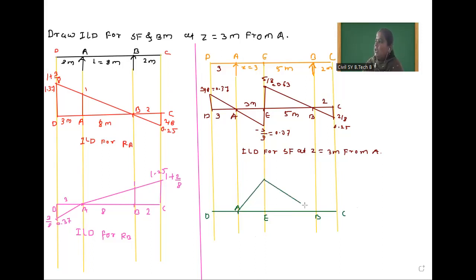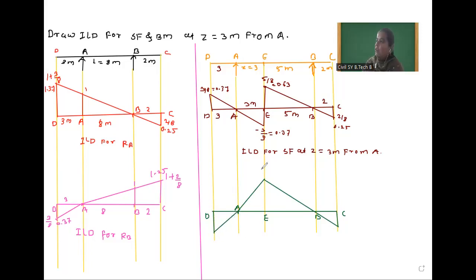After that Z to B it closes, and from B to C we have to make it rigid. So the line will extend up to C, and after that we will close. Same here, from A to D, we have to make it rigid. That's why the line will go below, and after that we will connect. So this is the ILD for bending moment.